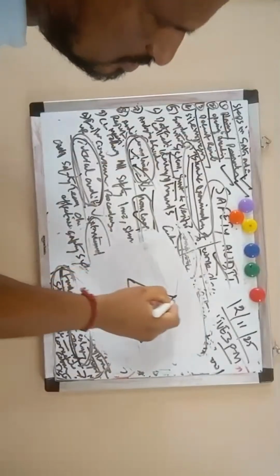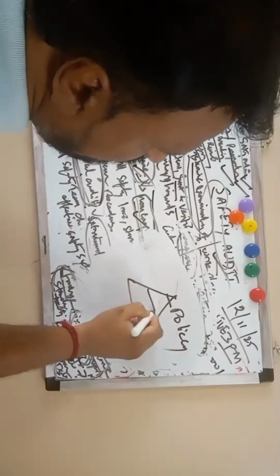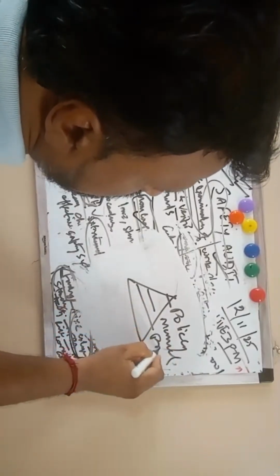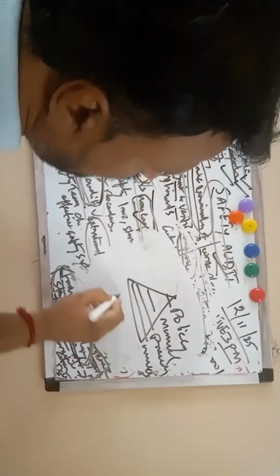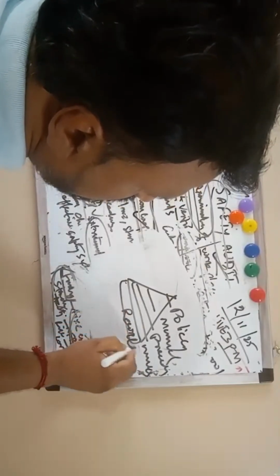This is the rectangle. Topmost is the policy, then manual, then procedures, then work instructions, then safety records.